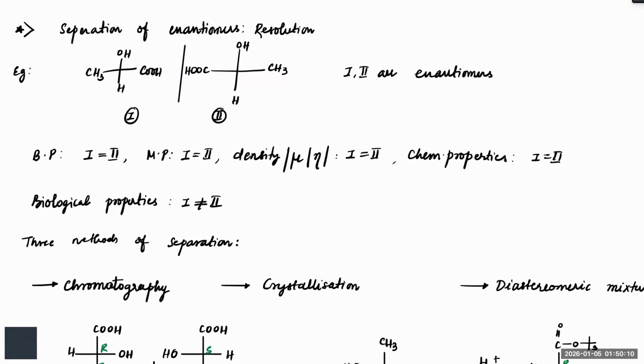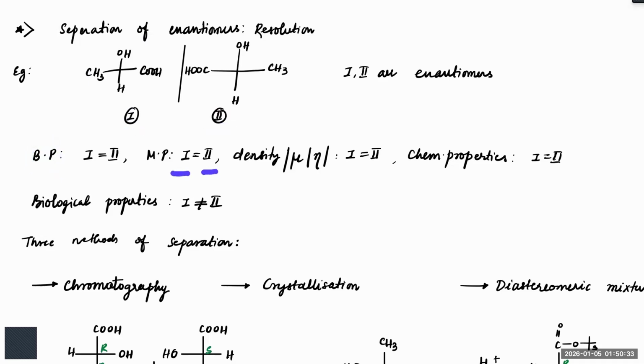Now notice, according to the structural properties, 1 and 2 do not have any two different structural identity. Both of them will have the same structural features. Therefore, boiling point of 1 and boiling point of 2 will be same.